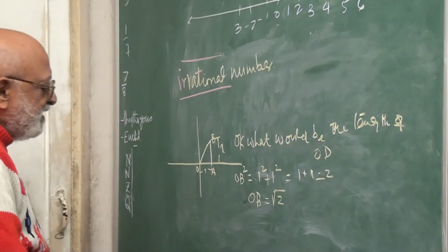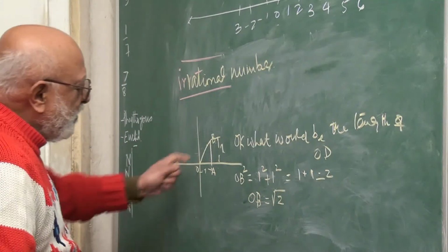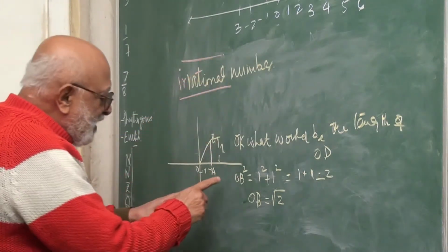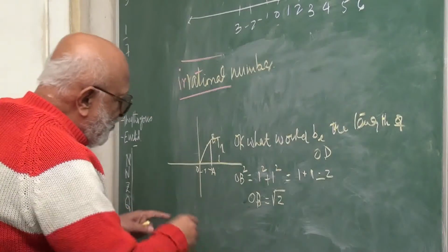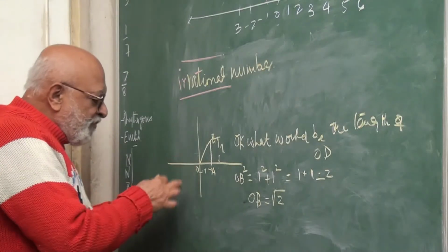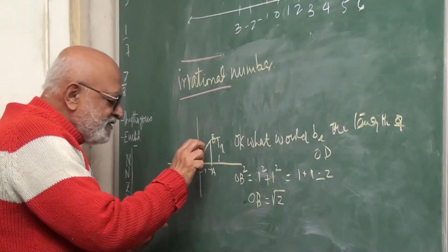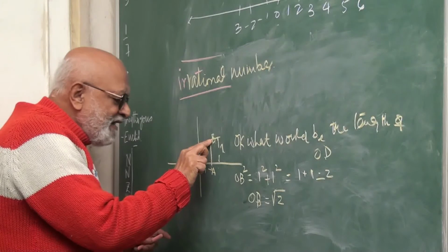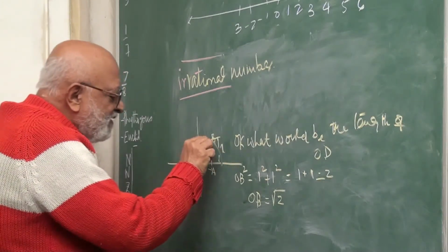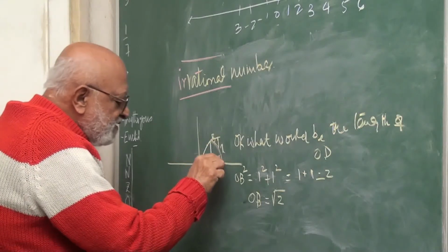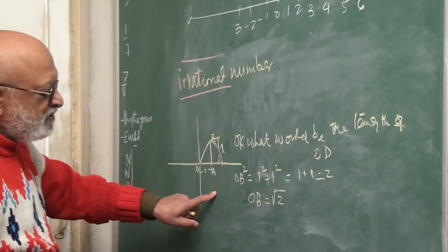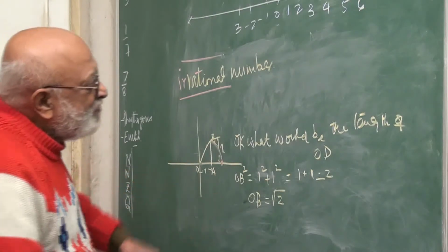Okay? Now, how do I put it on the number line? I could have done it here, but I wanted a little bit of opening so that you can see this. Take a compass, put this one, and here you do it like this. So it will fall on the number line. And this root 2, you cannot put it as p by q.